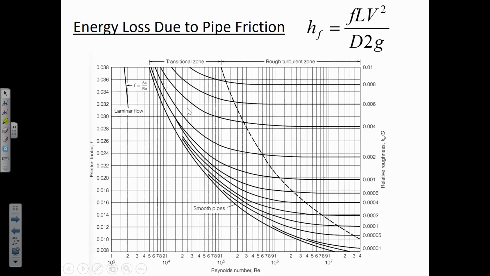To find the F value, the first thing we'd do is come up with the K sub S to D. Here, 0.15 millimeters is the average roughness of the material, and the diameter of the pipe is 150 millimeters, so the ratio is 0.001. We'd find this 0.001, and there's a solid black line there that starts to curve.